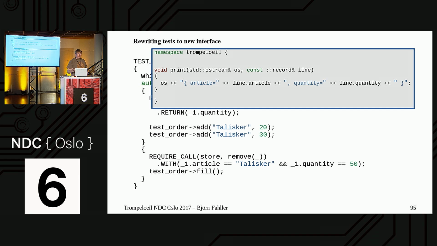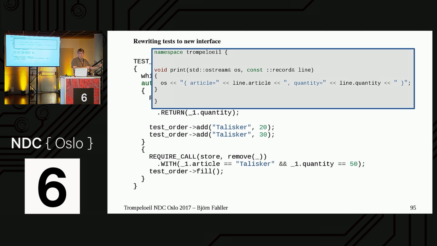Let's write a print function. Small thing, just in namespace Trompeloeil, print that takes an ostream reference and your type, and do something that makes a little bit more sense. This can actually be useful even if you do have an ostream insertion operator, because there might be information, say if your object has some cache.